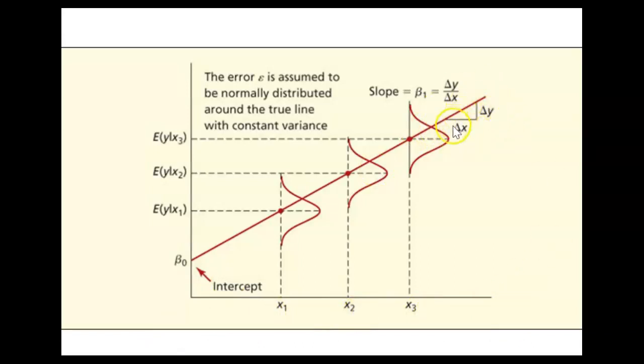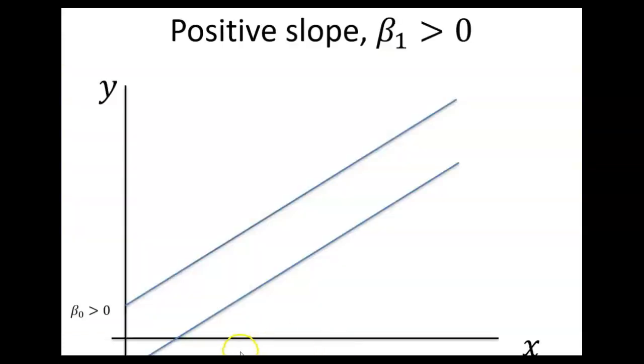The slope is calculated like in algebra. And then the error term is going to have a normal distribution around the fitted line.